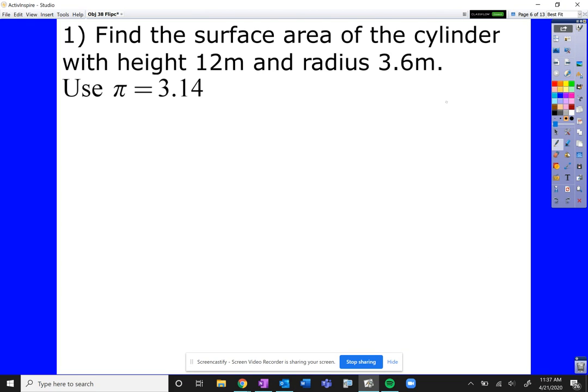Formula, formula, formula, formula. Find the surface area of a cylinder with a height of 12 and a radius of 3.6 meters. Perfect. So, here's our formula. Surface area: 2 pi r h plus 2 pi r squared. Let's fill in what we know.